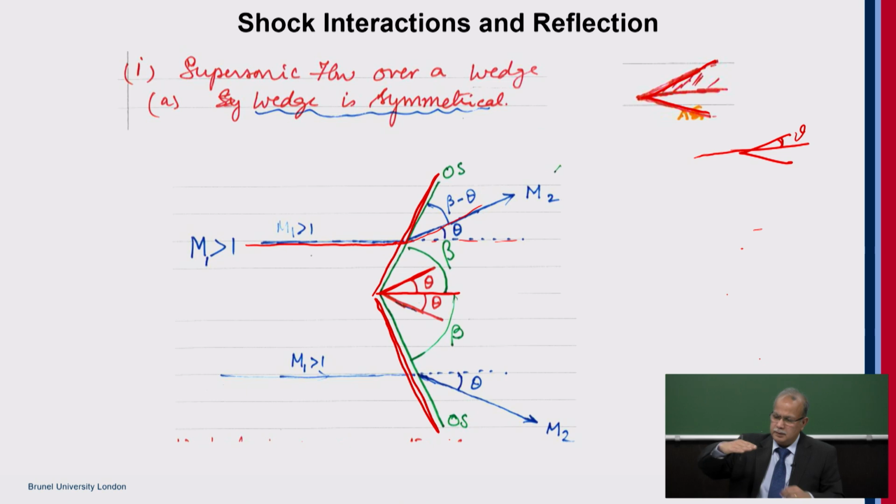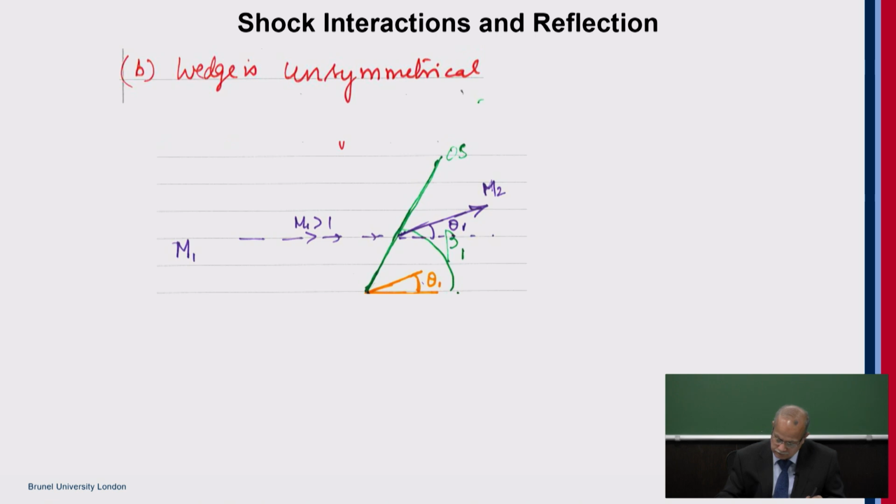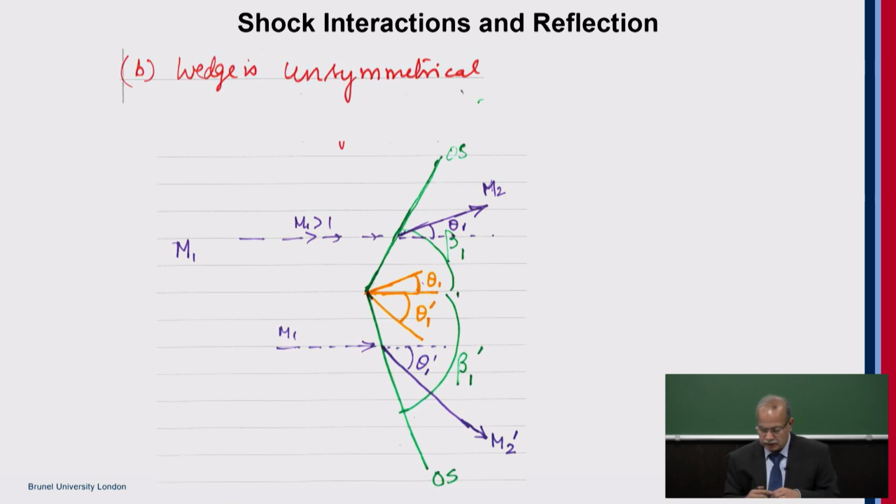When you are in flight in this situation, you have an equal angle of attack. But under takeoff mode, it will be different, a different angle of attack. So if it is unsymmetrical, theta 1 is different and theta 1 prime is different. They are not the same. Accordingly, the flow will turn differently. That's what we need to know.